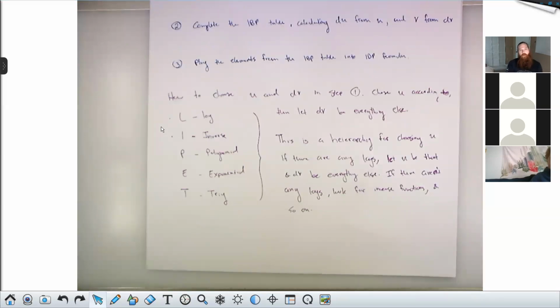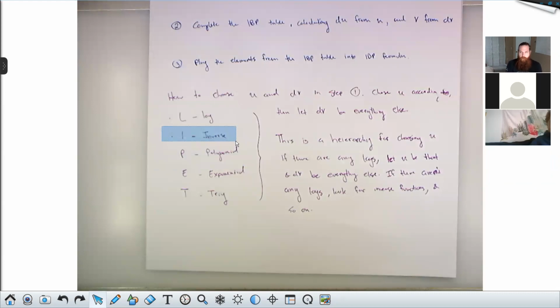So when you're handed your integral and you've decided to do integration by parts, what you need to do is pick a partition. Choose something to be u and everything else to be dv. This rule tells you how to pick u. If there are any logs, you'll let u be the logarithm function, and everything else will be dv. If there are not any logs, then you look for inverse functions. If yes, you'll let u be the inverse function, and everything else be dv.